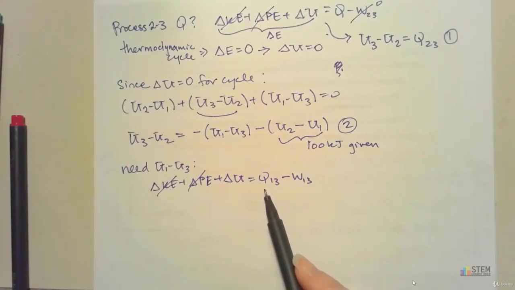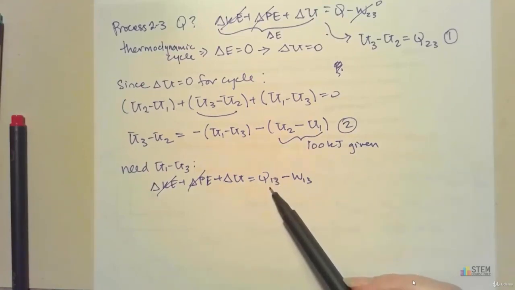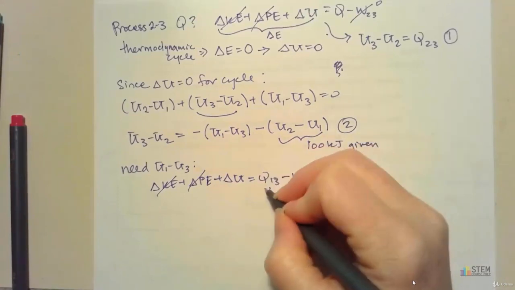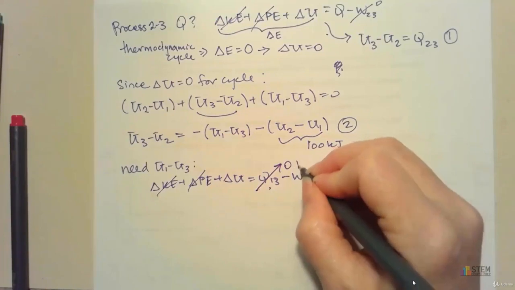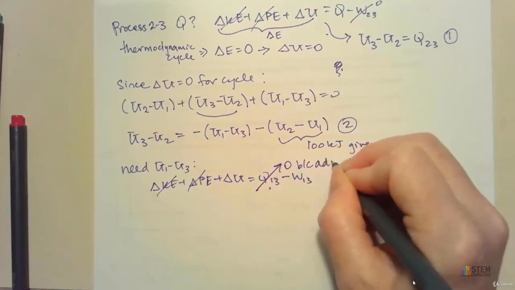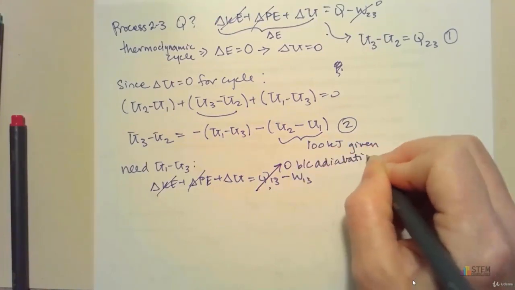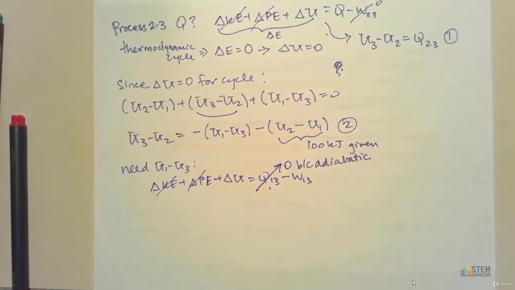Now let's think about our keywords. We said that this process is adiabatic, right? And adiabatic means there is no heat transfer, so this goes to 0. So see how important it is to look for those keywords? If you hadn't known that that went to 0, you would be sitting there staring at that for a long time trying to figure out what to do with it.